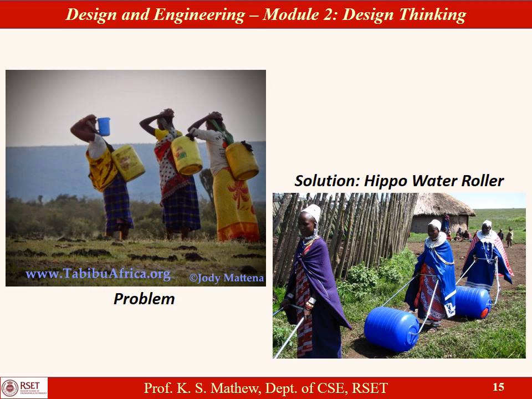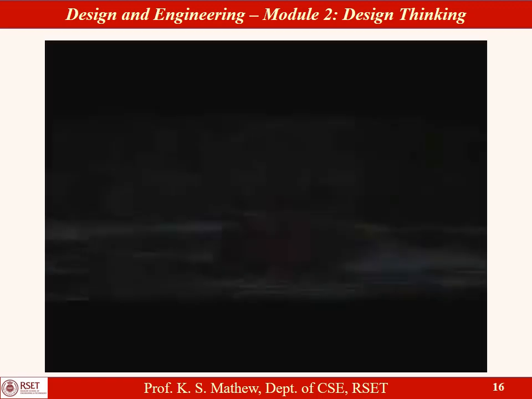You can see the capacity of the tank has increased. Maybe now it is 100 liters. Before it was 20 liters, so probably 5 times higher than the original cans. But now they can carry these rollers very easily.